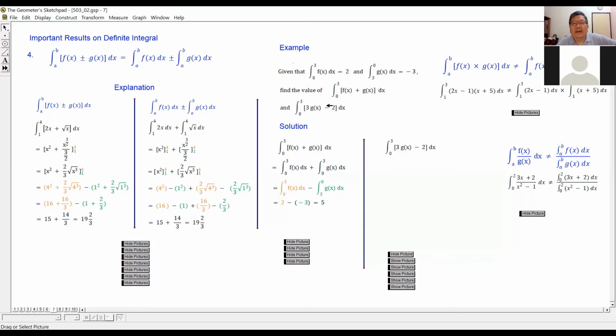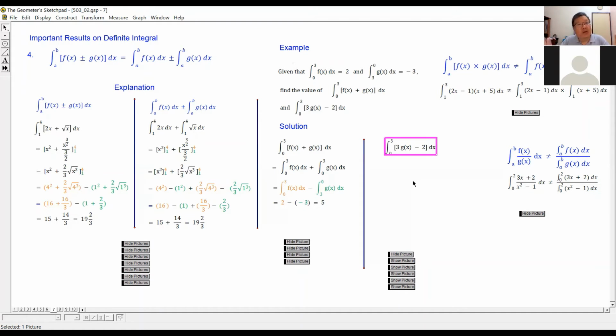So we go on to the second part. I want to find this definite integral from 0 to 3 of 3g(x) minus 2. If you look at this definite integral, it consists of two parts, 3g(x) and -2. 3g(x) is an unknown function. -2 is something that we can integrate. g(x), we don't know how to integrate unless they give us the answer.